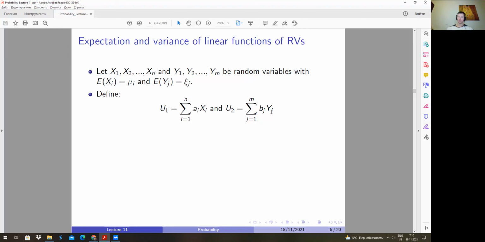We take y1 multiplied by b1 plus y2 multiplied by b2 and so on. And these two are defined as u1 and u2. So now the question is, what is the expectation of each of these combinations and what is the variance of each of these combinations? Those are constants.